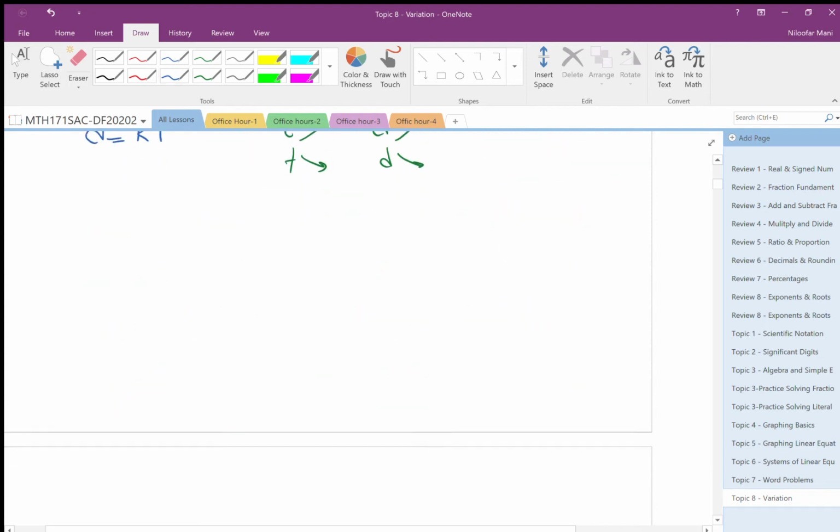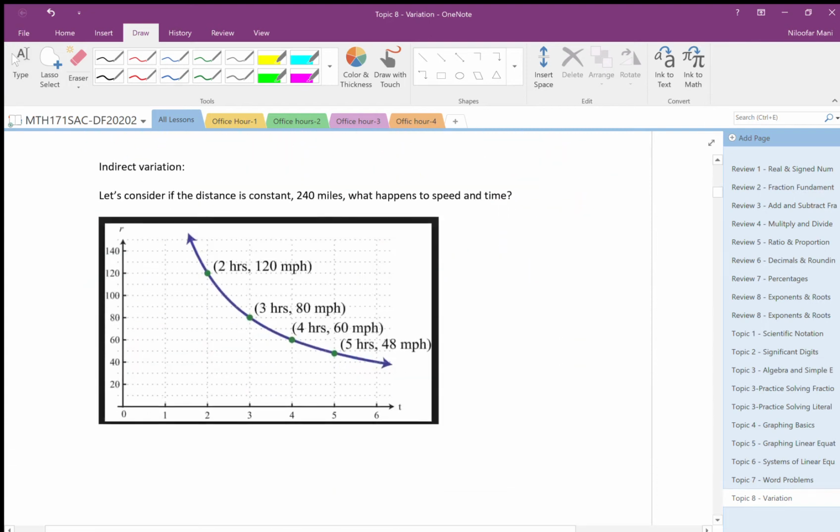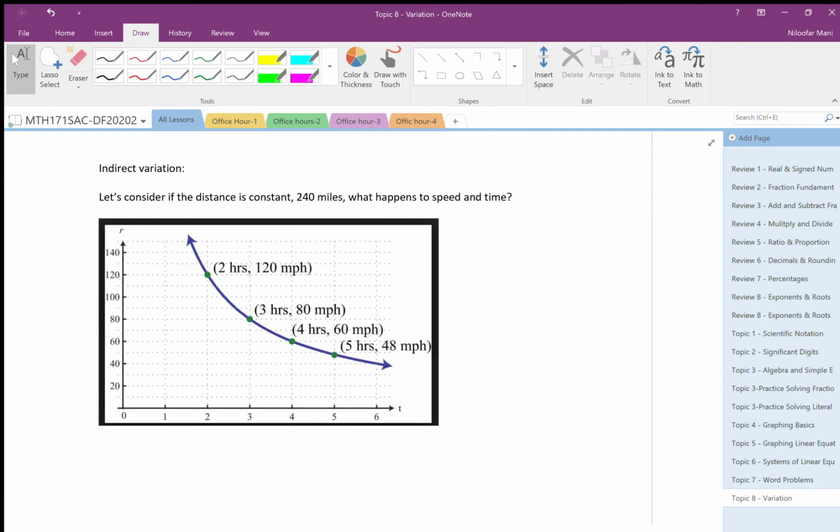Now I have another example. Let's consider the distance is constant, for example, the distance from my home to Seneca College. Right now my Seneca College is in my basement, but if I go to the location of the Seneca campus, the distance from there to my home is constant.